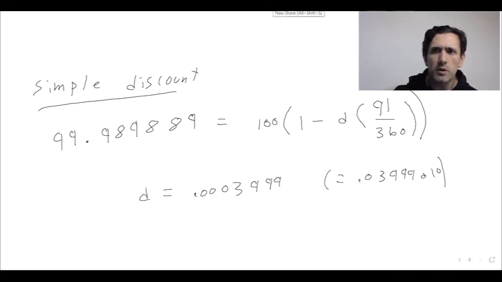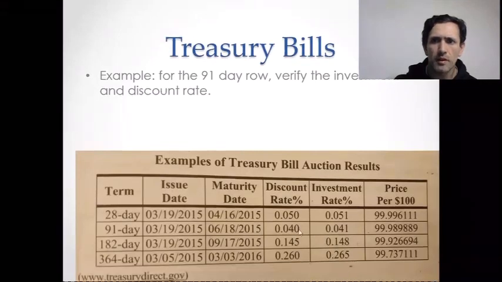And that's very close, rounding to the table, which is 0.04%. Okay, so they check out: the 0.041% and the 0.04% values in this table.